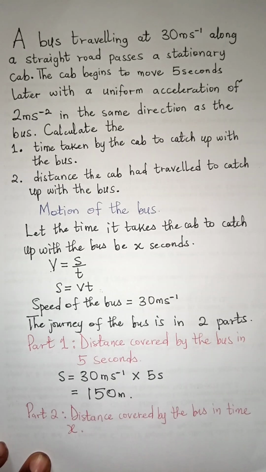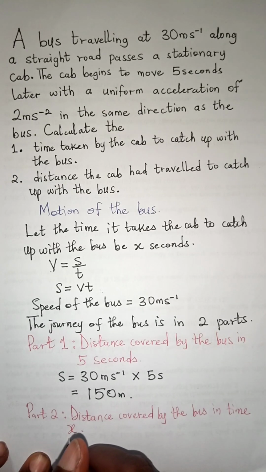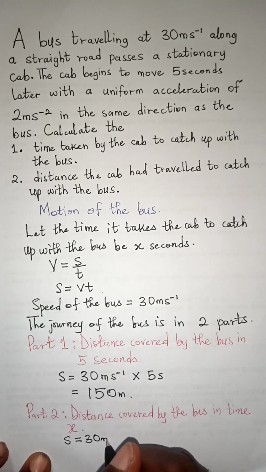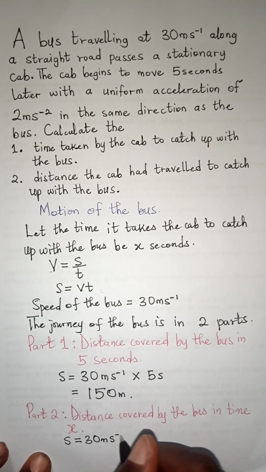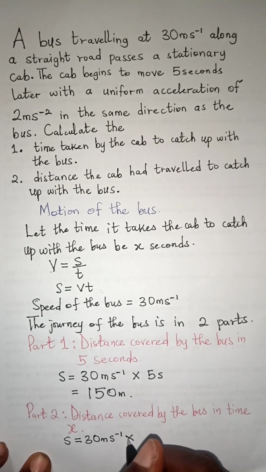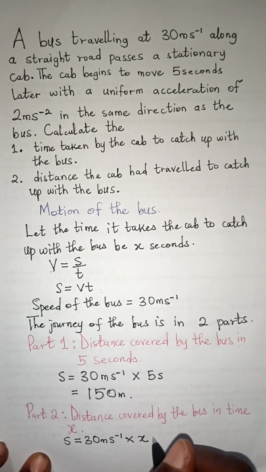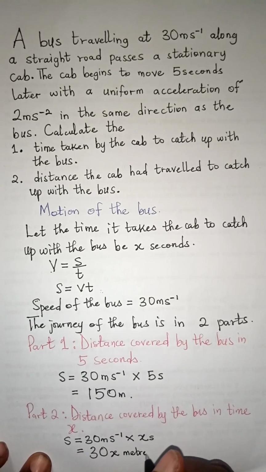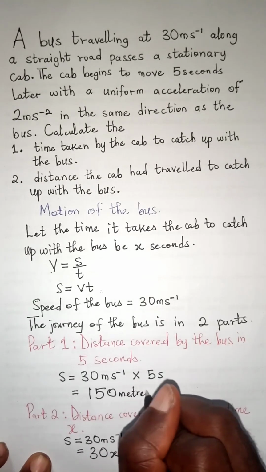Using this same formula, this distance s is going to be speed. There's nothing in the question that suggested that the speed changes. The speed remains constant. So 30 meters per second multiplied by x seconds. And this is 30x meters. Okay, we may choose to write the meters in full.